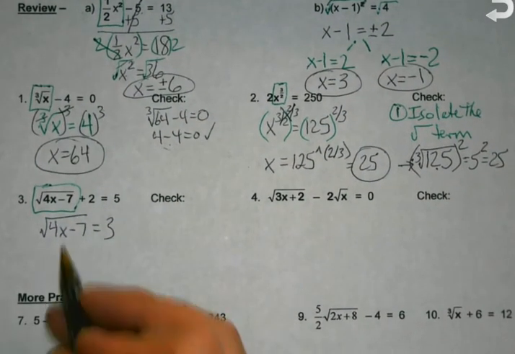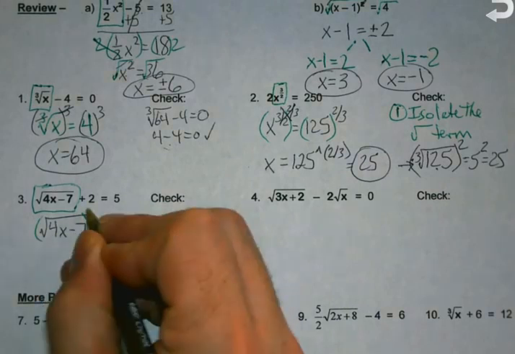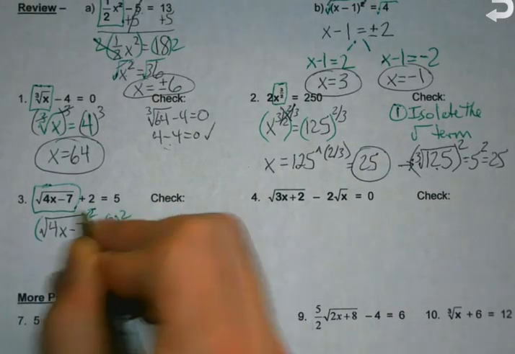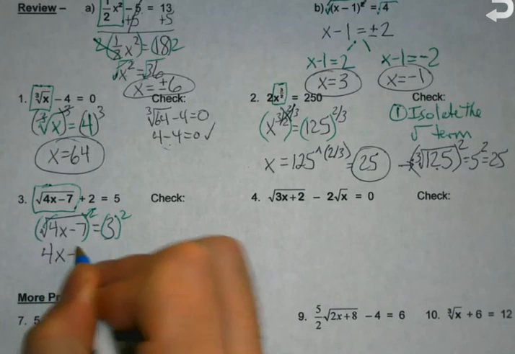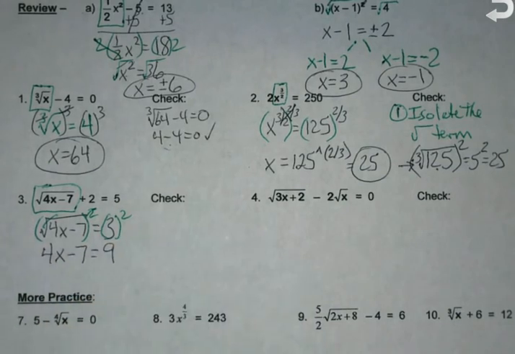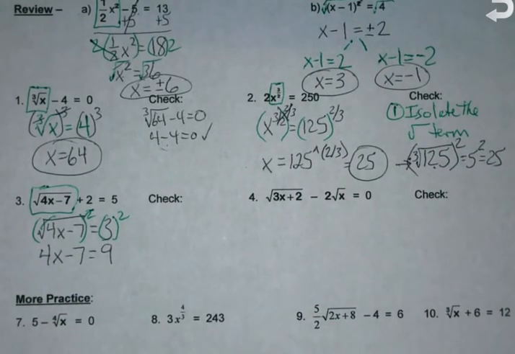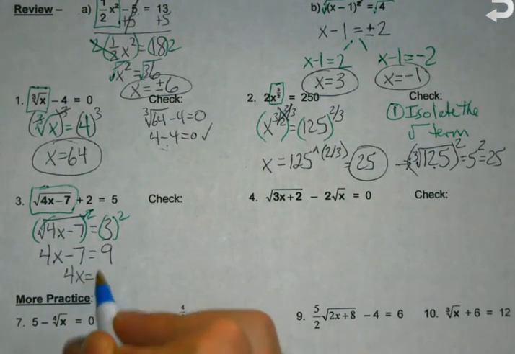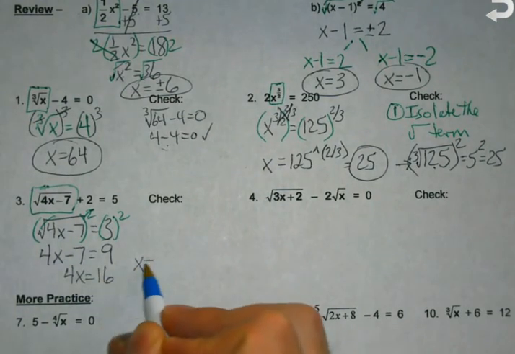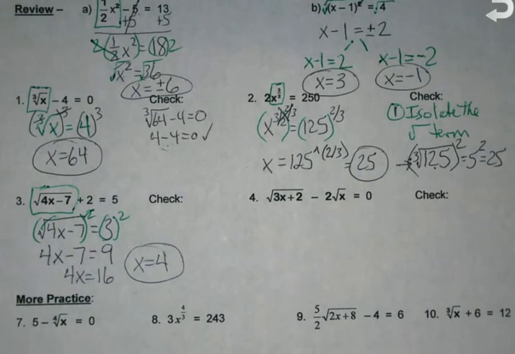Okay, square it, because squared and square root are inverses. Those get canceled out. Now life's becoming pretty simple. Just add my 7 over, 5 by 4, get my answer.